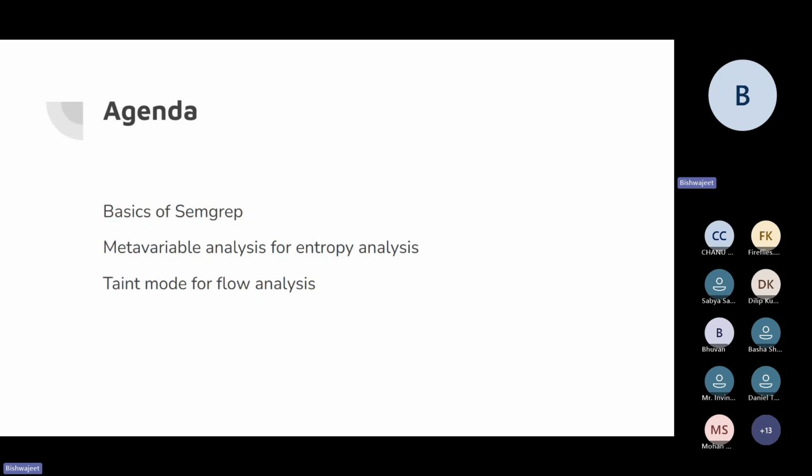A CSRF token also falls under entropy analysis. So if you want to identify hard-coded secrets in your code, then we need to have the capability of entropy analysis in your secure code review tool. And the next thing is taint mode for flow analysis.